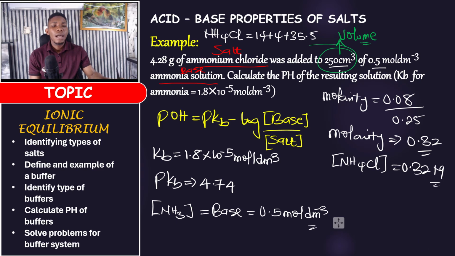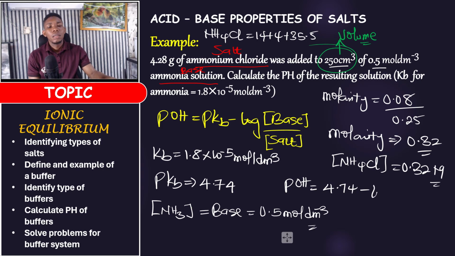So let us calculate our pOH first. pOH is equal to pKb, which is 4.74, right?